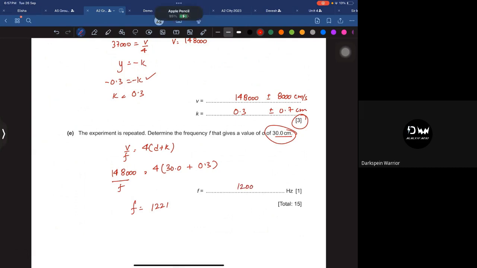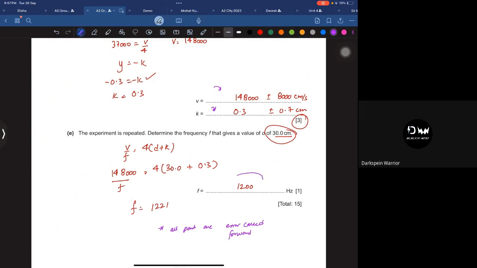Now, I just want to tell you people, in this exam, all parts are error carried forward. So let's suppose somebody did this part wrong and now they're thinking, okay, what do I do?